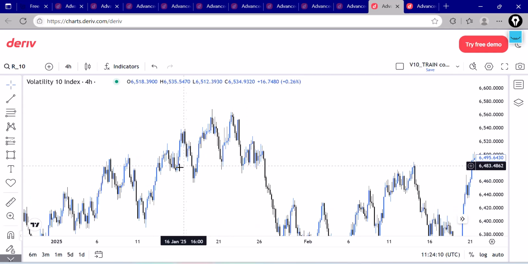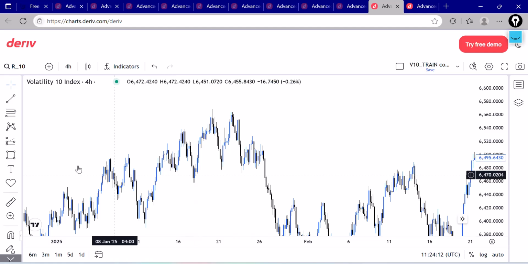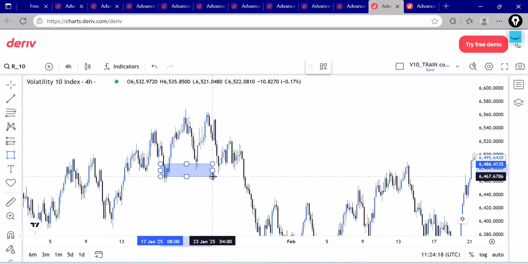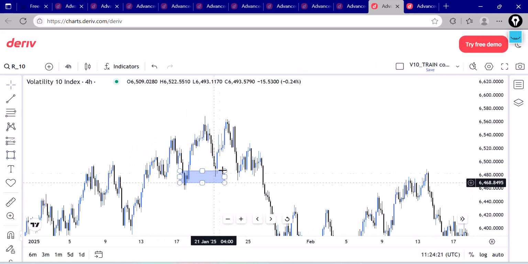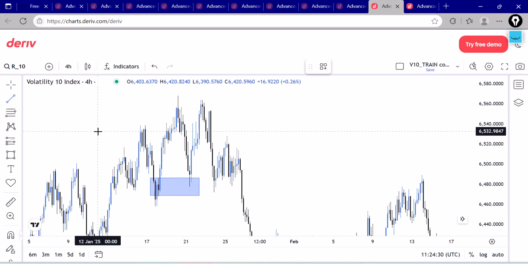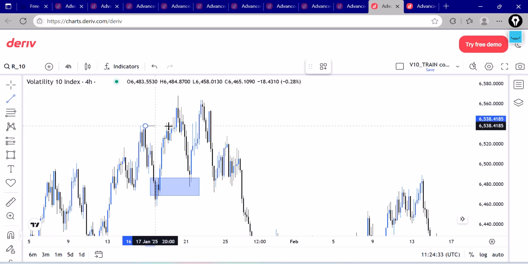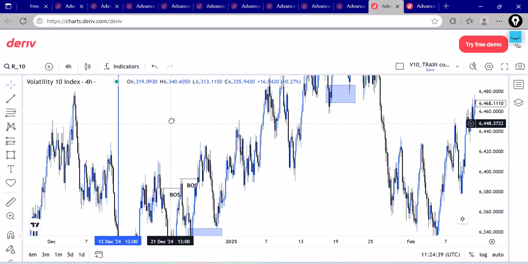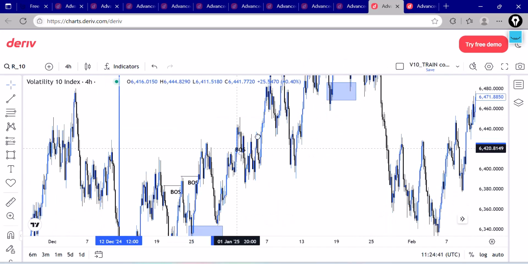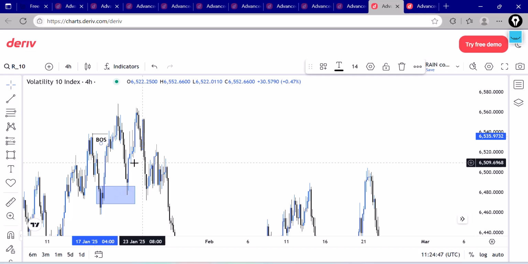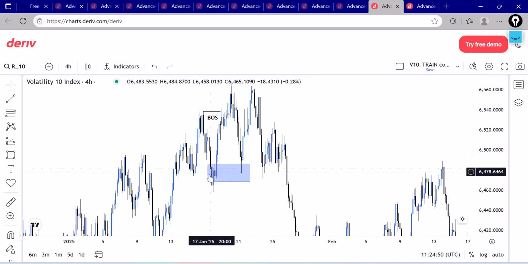All right, so let's look at this, please. This is another demand zone, right? See, this is the last down candle that caused this break of structure. There was a break of structure to the upside, and this is an imbalance.